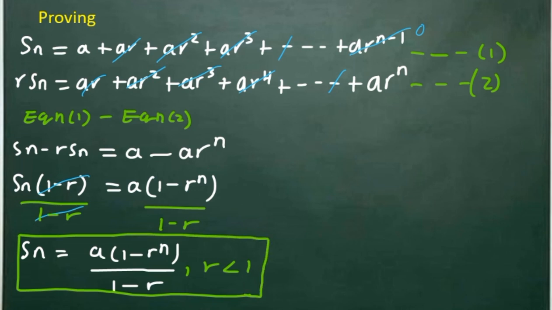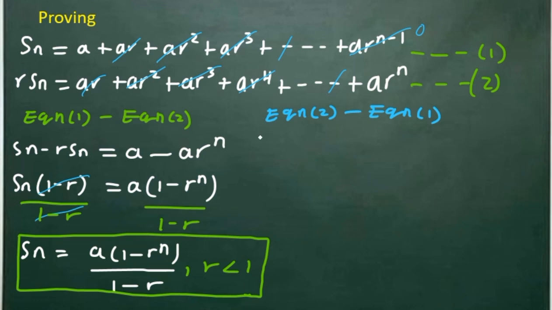Now let's also try another thing. If we decide to take equation 2 minus equation 1, what are we going to have? In this case, we are taking equation 2 minus equation 1. Here there is 0 for the value of a, and 0 minus a will give us minus a.